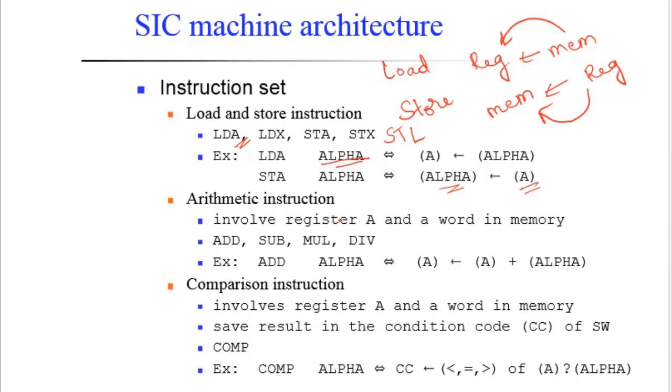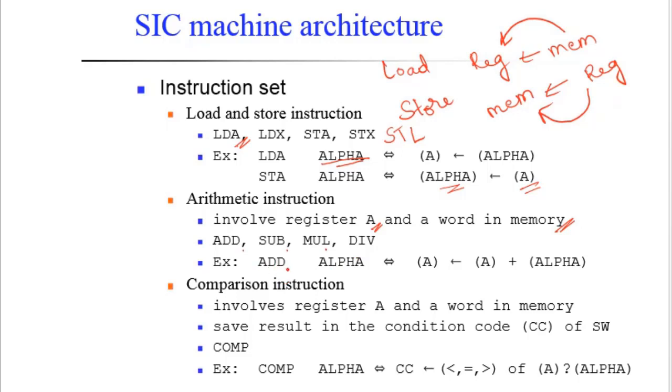And all arithmetic instructions will involve register A by default as one operand, and another operand will be present in memory. So what are different arithmetic instructions available? We have add, we have subtract, we have multiplication instruction named MUL, we have division instruction available as DIV. Here is an example.